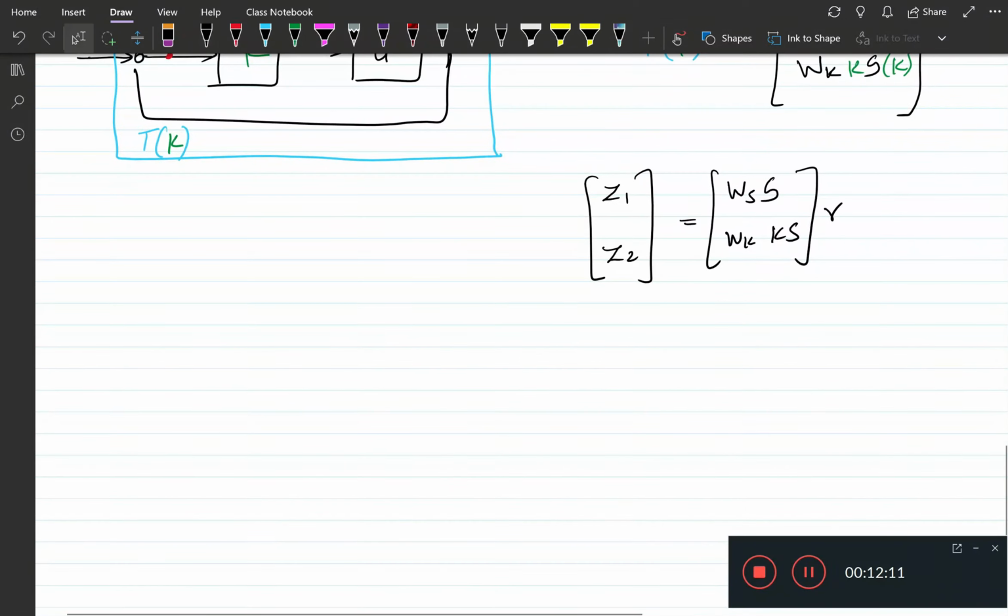So now we can write down the generalized plant as follows.